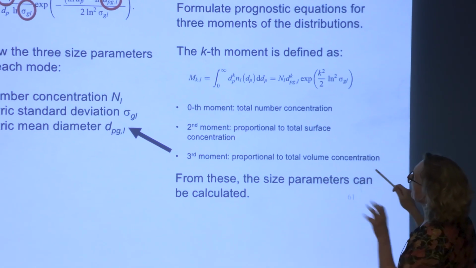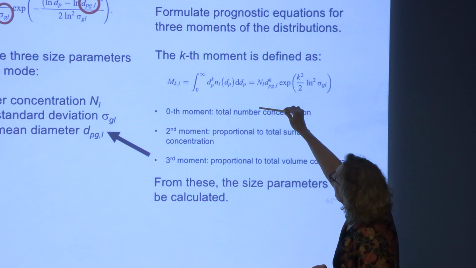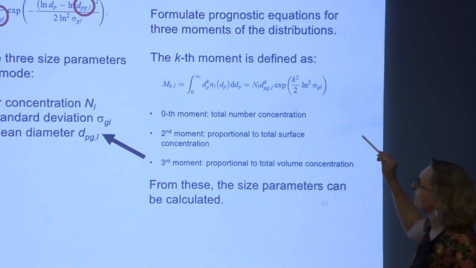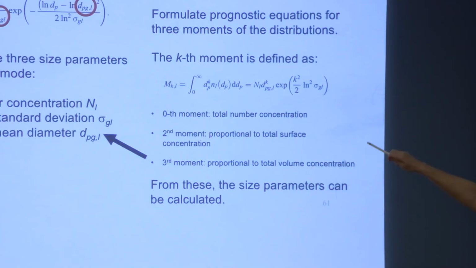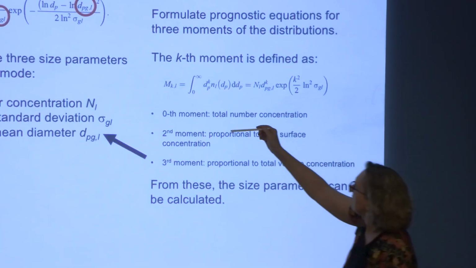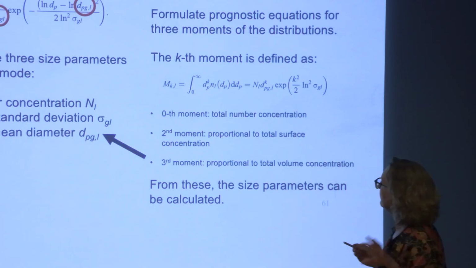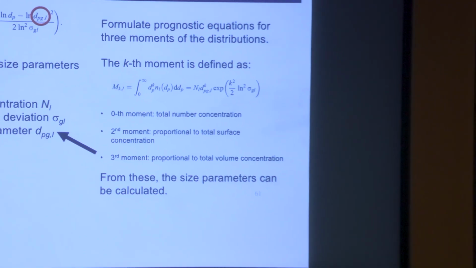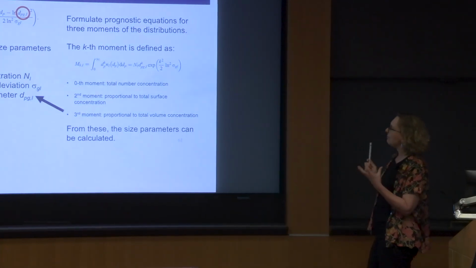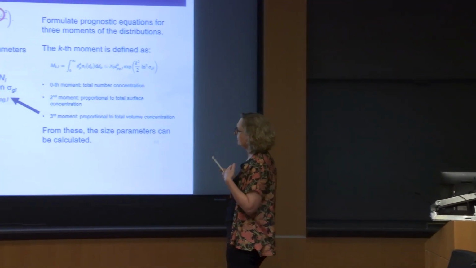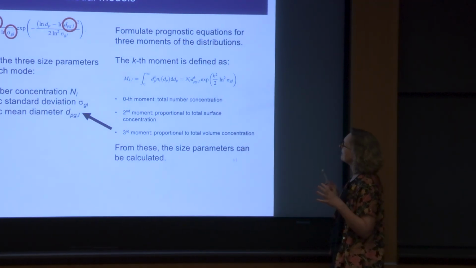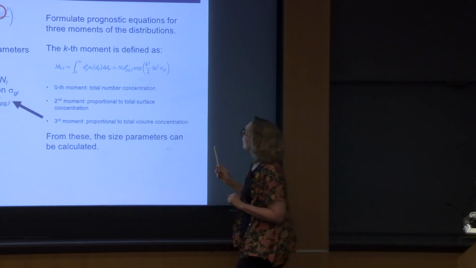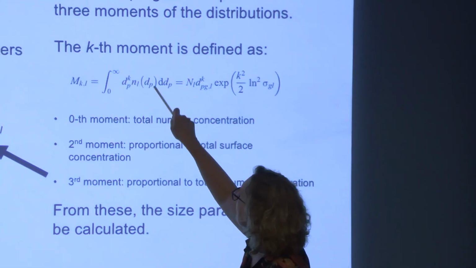So the way these modal models work, you formulate prognostic equations for these moments. And from that, you reconstruct your sigma and your dpg. The N is already the 0th moment, so you calculate that directly. That's how they work. And the power of this method is that with appropriate little simplifications, you can do a lot analytically, because the log normal distribution is nice.